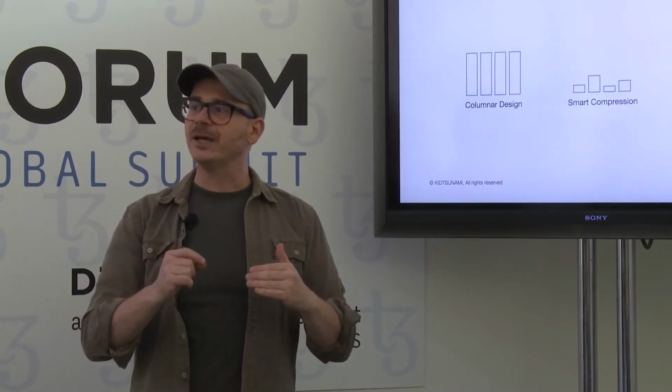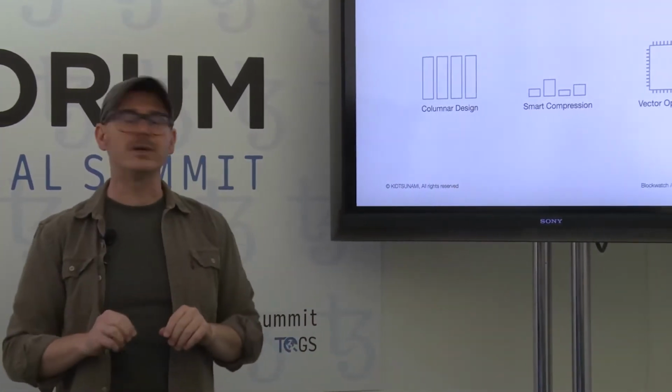It also uses smart compression, meaning when you have a long list of integers that are close by to each other, they are very efficient to compress. That's why we achieve a very, very great compression amount, and you will see some numbers later on.